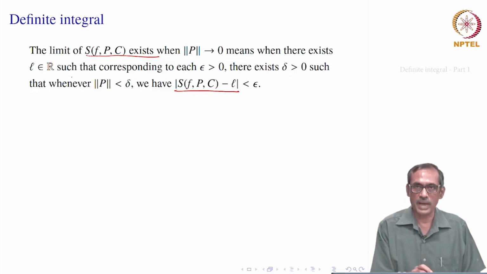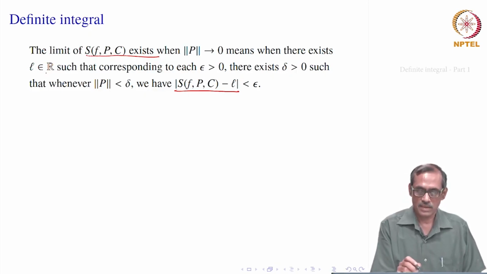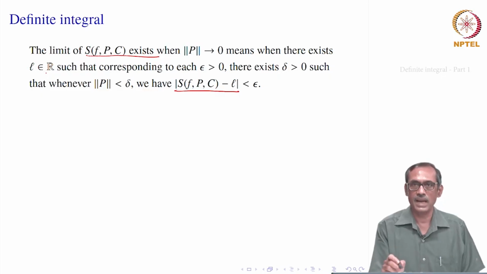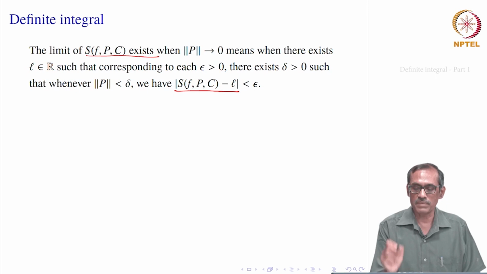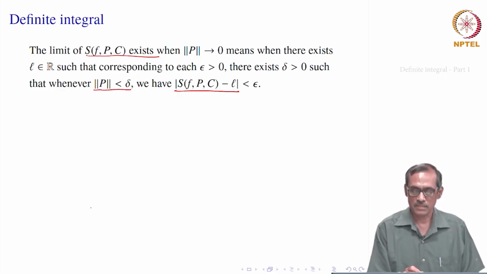In abstract, we define it this way: there exists an L, the limit of that Riemann sum, such that corresponding to each epsilon greater than 0, there exists a delta greater than 0, such that whenever norm P is less than delta, the difference between these two quantities is less than epsilon. It is just like your limit definition.